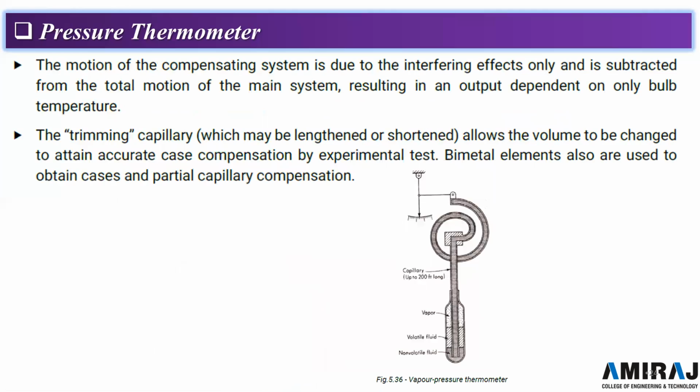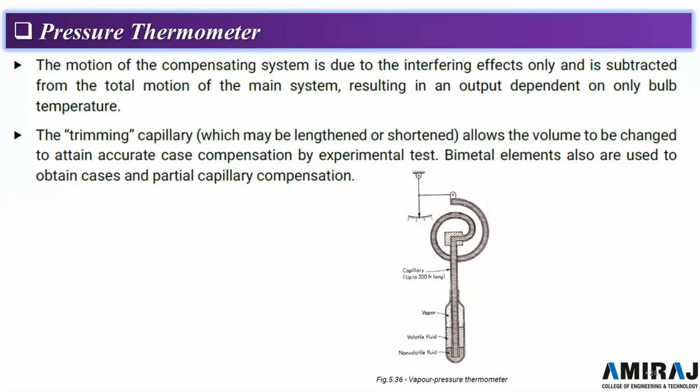The motion of the compensating system is due to the interfering effect only and is subtracted from the total motion of the main system, resulting in an output dependent only on bulb temperature.